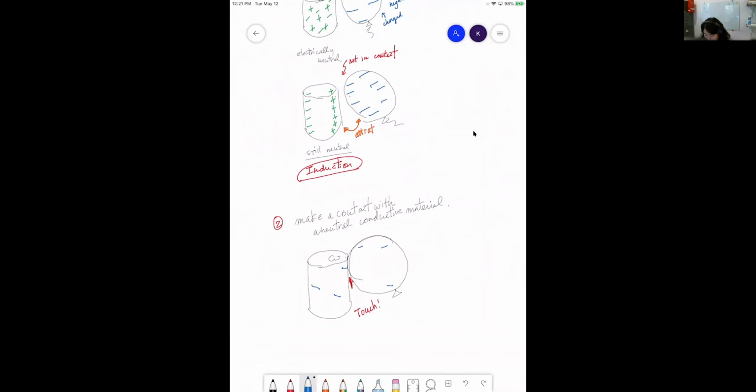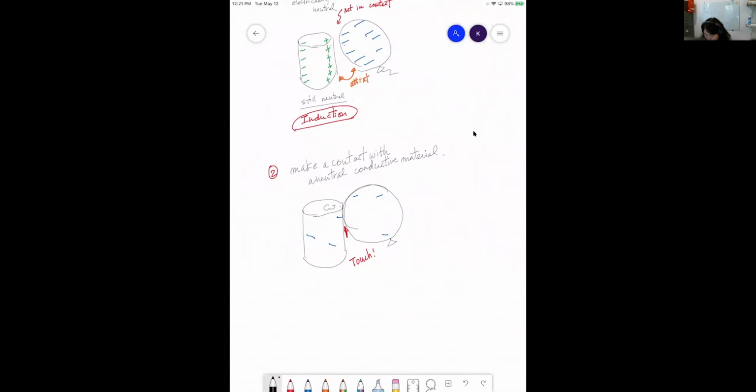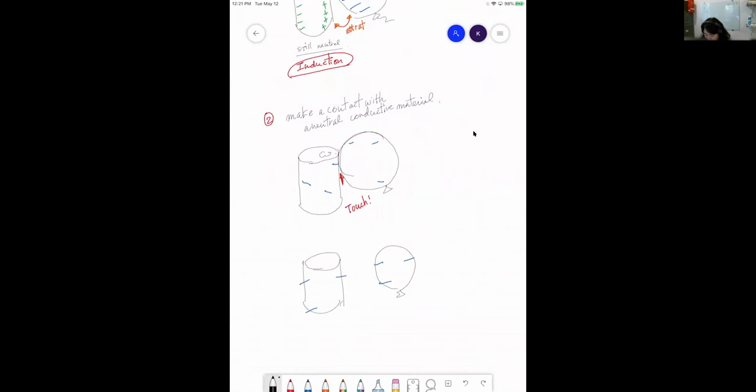Right? Then overall the can and the balloon, they're both charged.